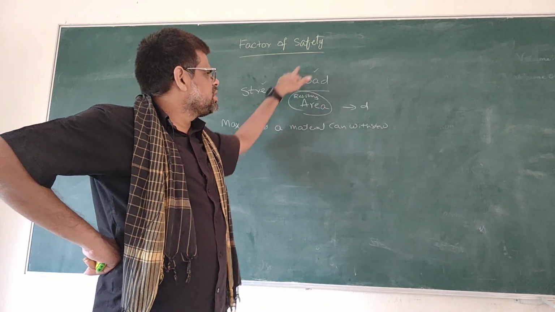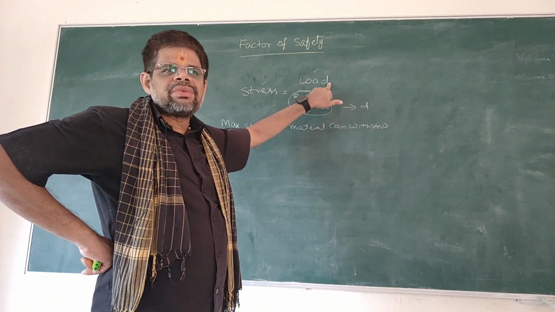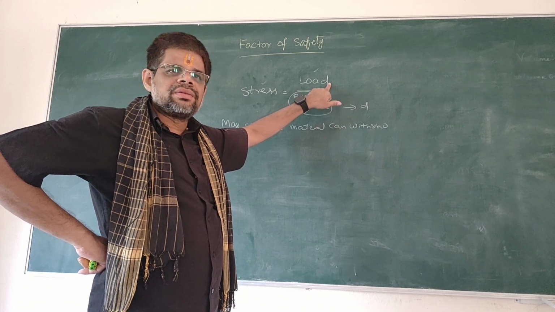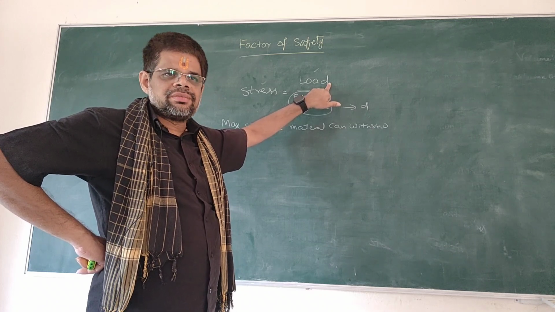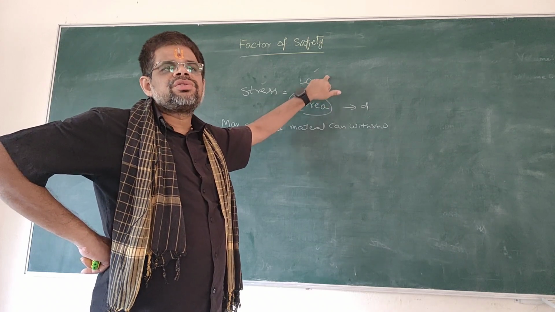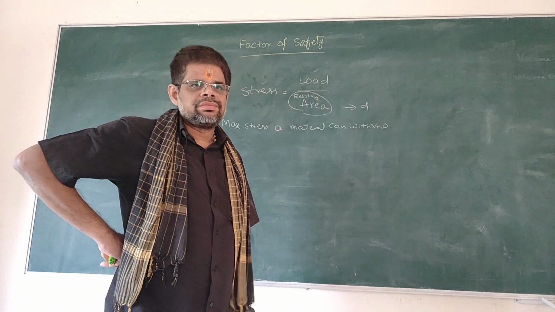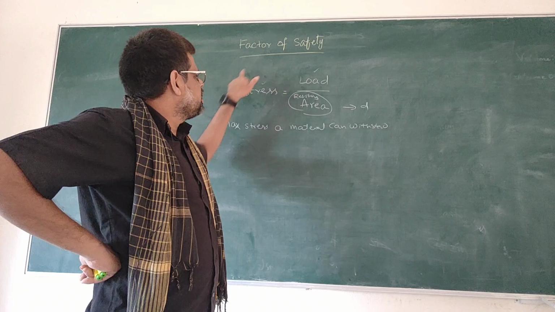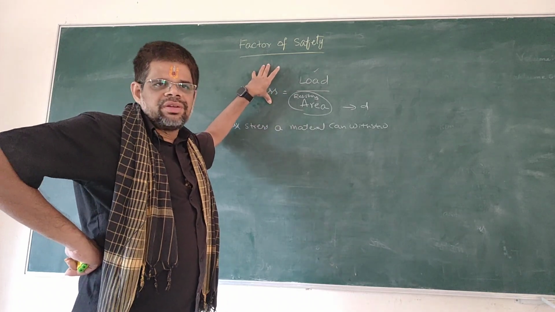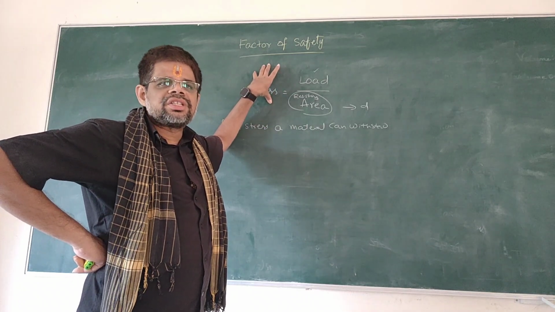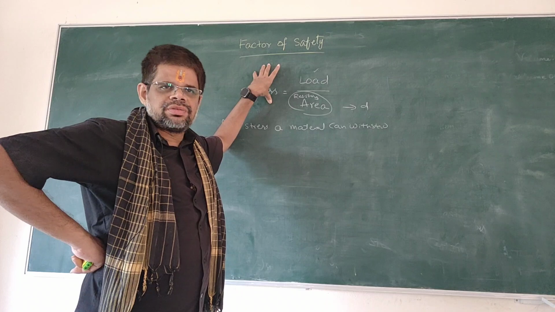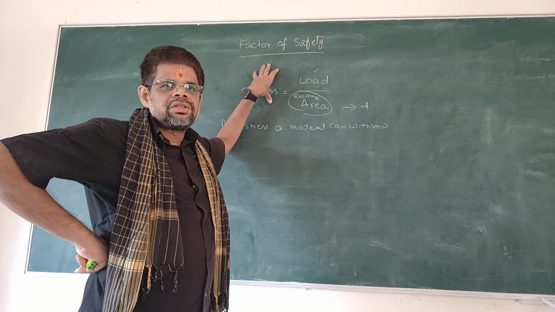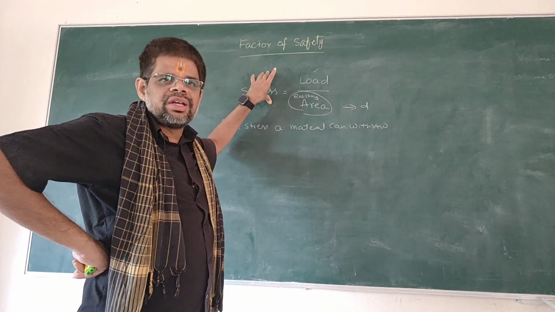You will be given the maximum load that may occur on the component which you are designing. Then you have to choose a proper material. Once you have chosen the material, then for that material there will be a maximum stress value, and those stress values will be there in the design data book. So you have to take that maximum stress value.